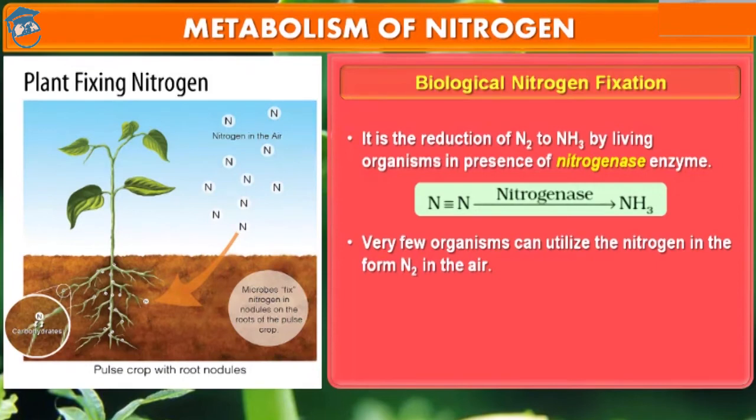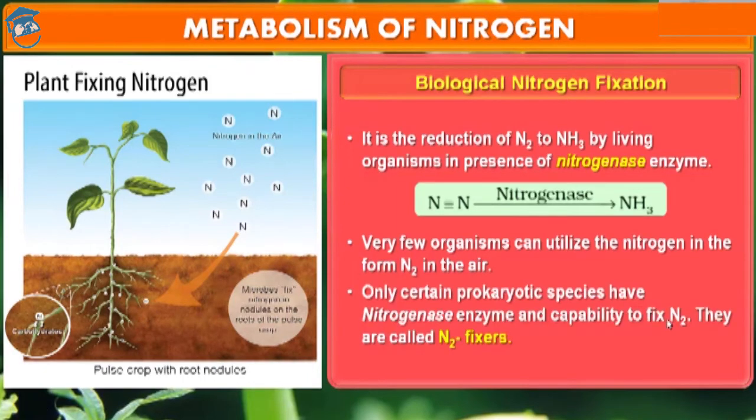Only certain prokaryotic species are capable of fixing nitrogen. Reduction of nitrogen to ammonia by living organisms is called biological nitrogen fixation, and those who fix nitrogen are called nitrogen fixers.